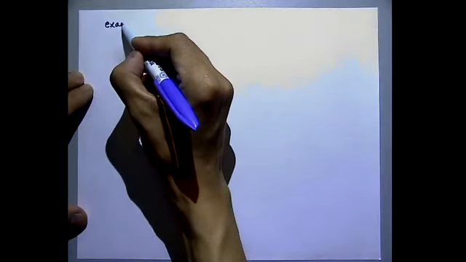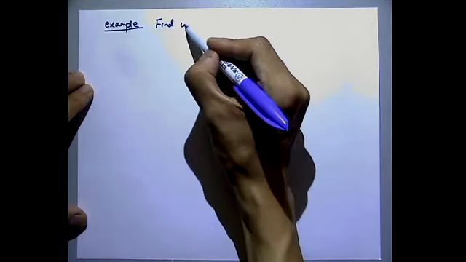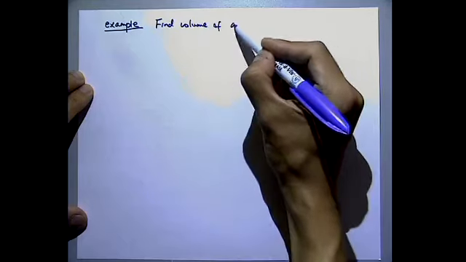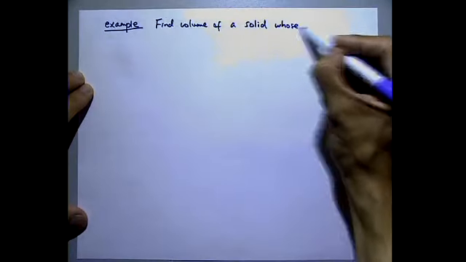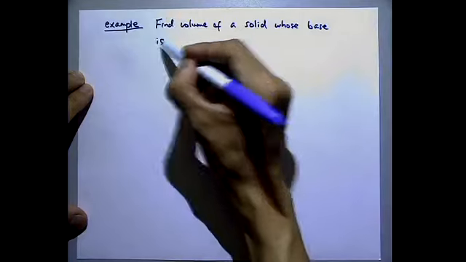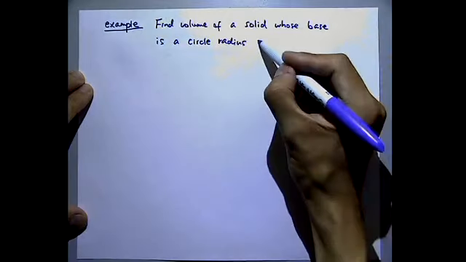Okay, we've got one more example. All right, so this one is a little bit different, but using the same idea we just learned. Let's find the volume of a solid whose base is a circle of radius r.